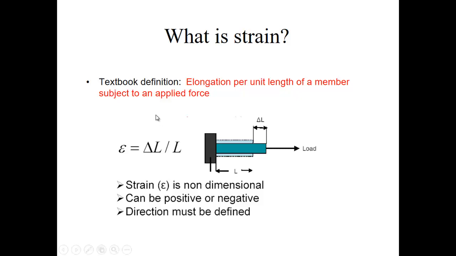So the strain is equal to delta L over L, where delta L is the elongation or deformation that occurs at the structure or beam when any load is acting, and L is the actual length of the structure or beam. Strain is dimensionless, because it has the units mm over mm. It can be positive or negative, and direction must be defined.